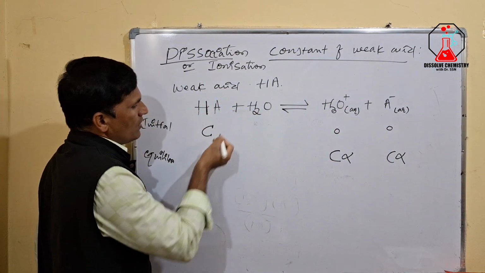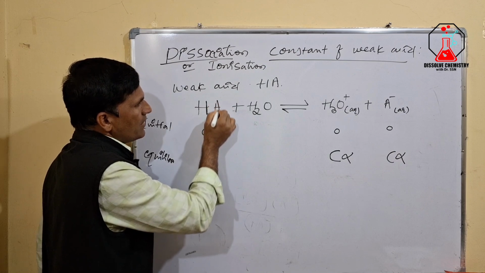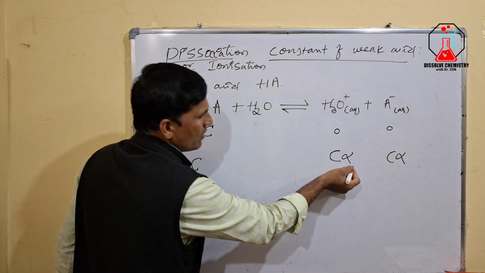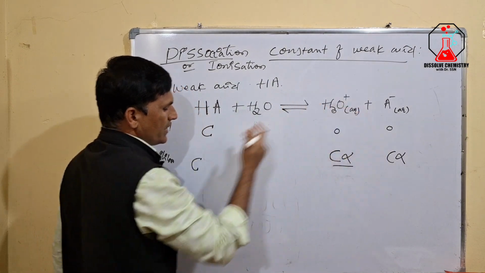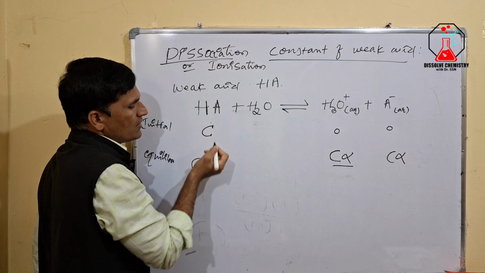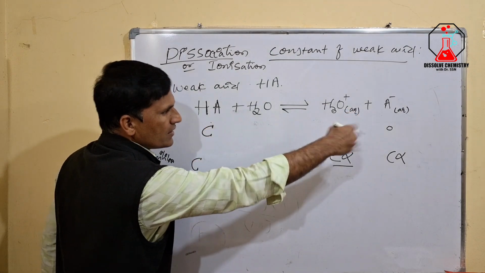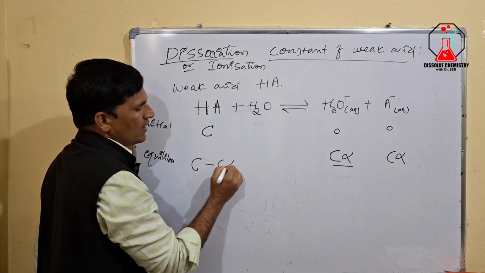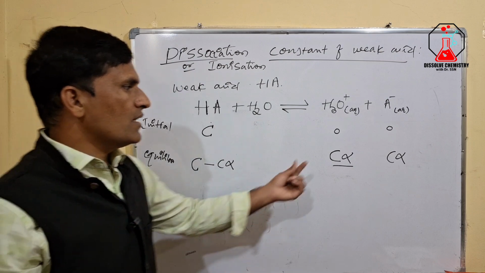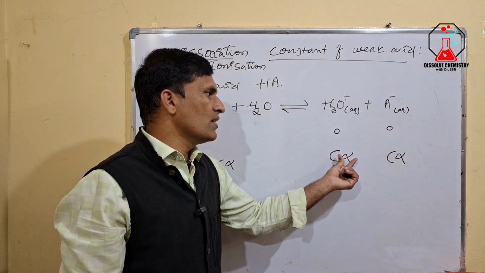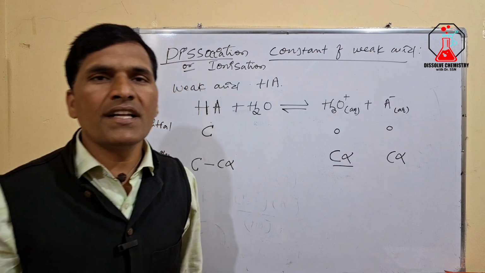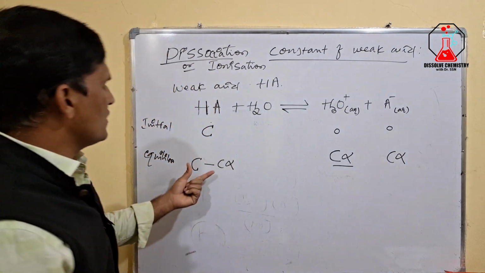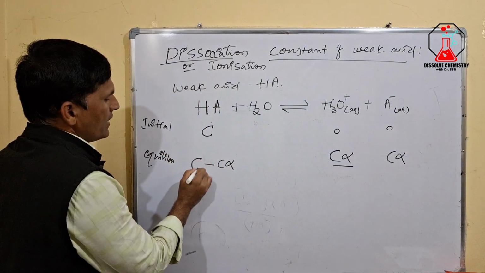So the concentration of HA remaining at equilibrium will be C minus C alpha, since C alpha amount has dissociated. Here C represents the initial concentration, and alpha represents the degree of dissociation, meaning to what extent it has been ionized. This is what we get at equilibrium.